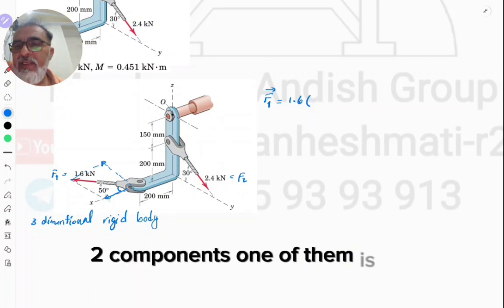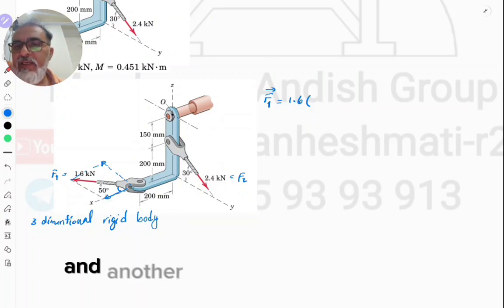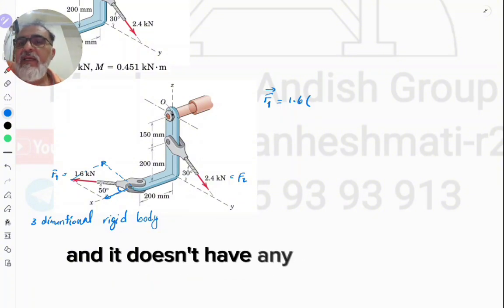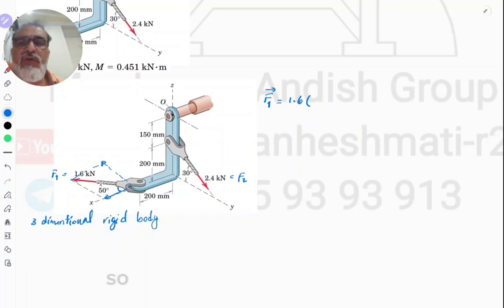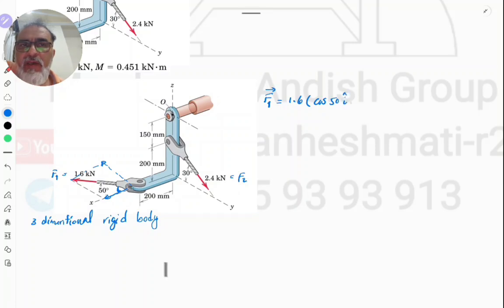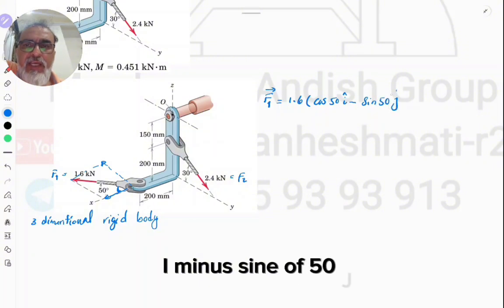One of them is in the x direction and another is in the negative direction of y, and it doesn't have any component in the z direction, so I have to write cosine of 50 i minus sine of 50 j.